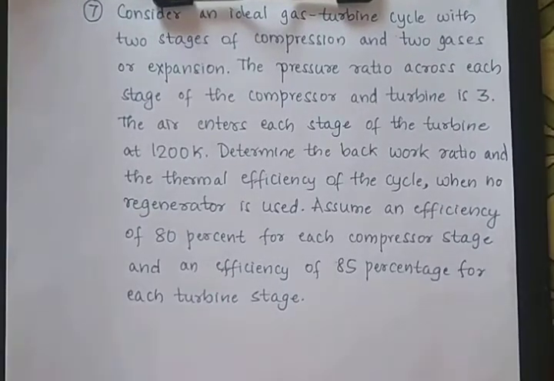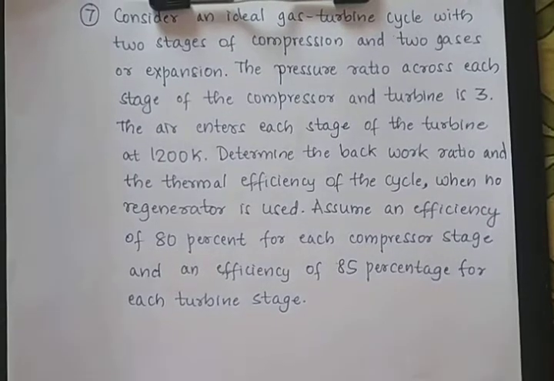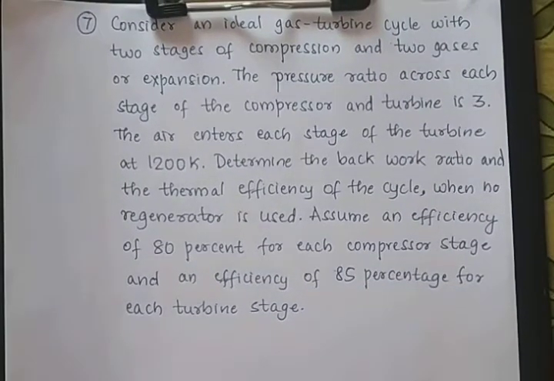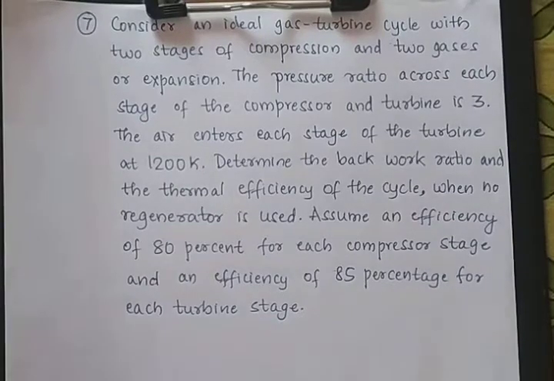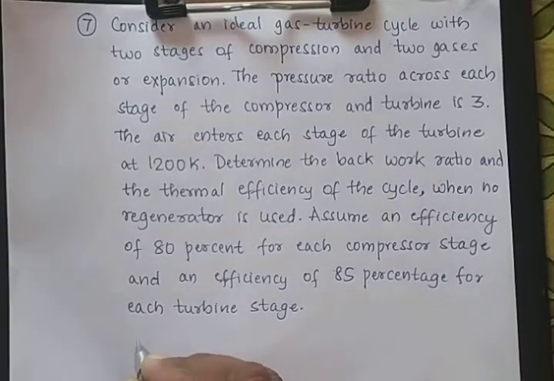So he has given the efficiency of each stage. Now what he says, the problem is on an ideal gas turbine cycle and it has 2 stages of compression. So when there are 2 stages of compression, this problem is on intercooler. So let us write what is given in the problem first, then we will draw the TS diagram.